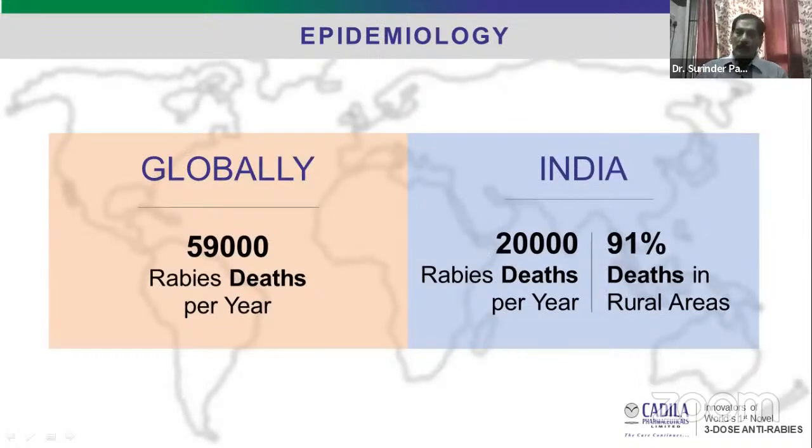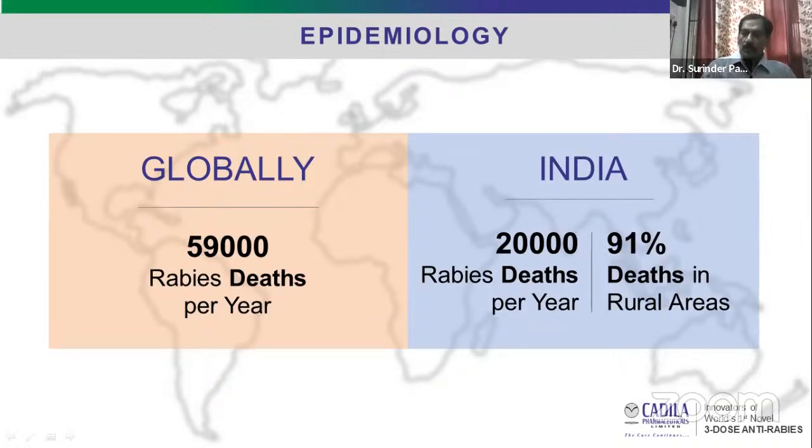Now, what is the epidemiology of the disease? Globally, we have 59,000 rabies deaths per year. But in India alone we have 20,000 rabies deaths per year, and 91% of these deaths are occurring in rural areas. So here we can see the scenario in India as compared to the world.